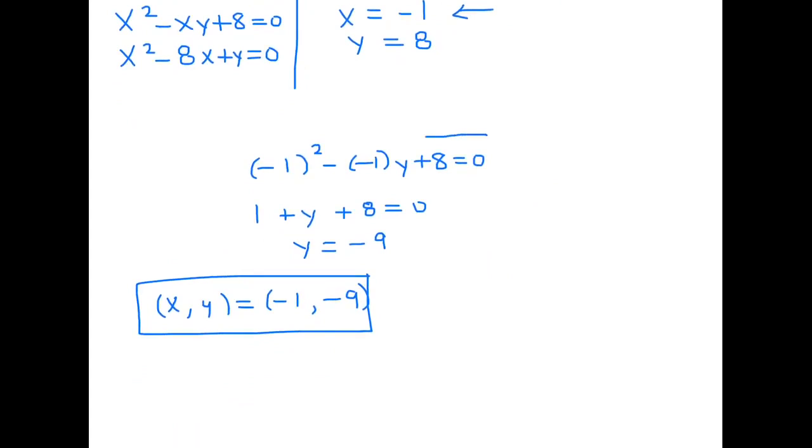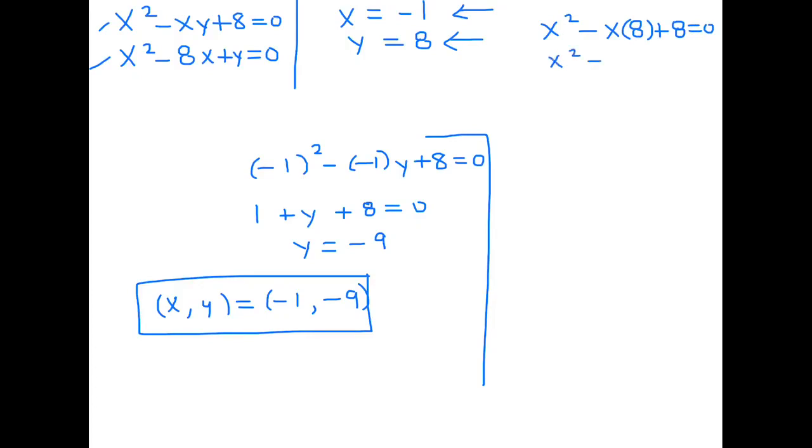Now to get the next solution, we need to deal with y equals 8. So I can put that into either one, either this one or this one. It doesn't really matter. Let's just put it into the first equation, and that would give you x squared minus x times 8 plus 8 is 0.